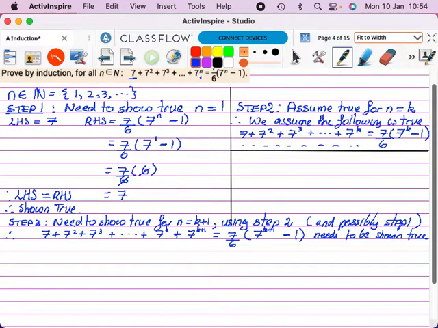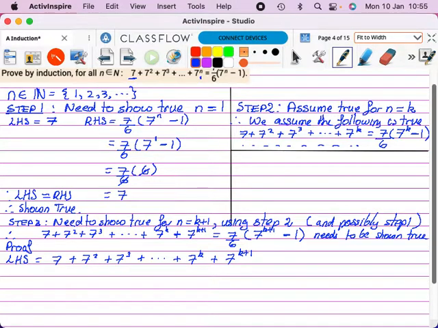What's the process for doing this? Well, I write the word proof over here. I write down left-hand side: 7 plus 7 squared plus 7 cubed plus dot, dot, dot plus 7 to the power of k plus 7 to the power of k plus 1.